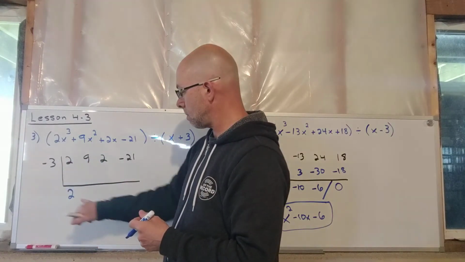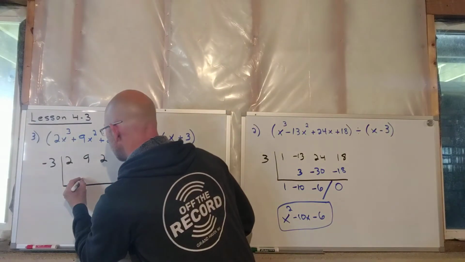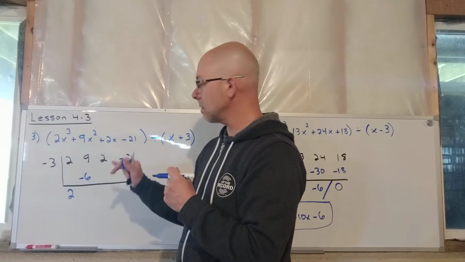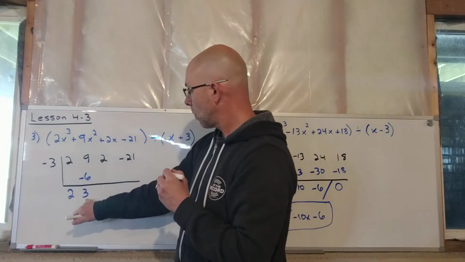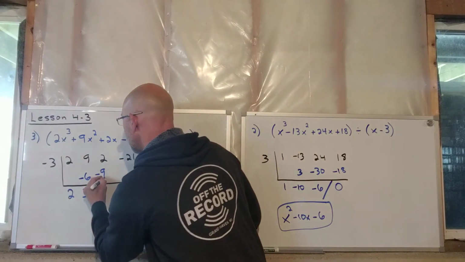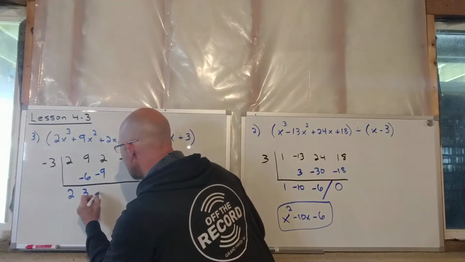It's the same process. So 2 times negative 3 is negative 6. 9 plus negative 6 is positive 3. 3 times negative 3 is negative 9. 2 plus negative 9 is negative 7.